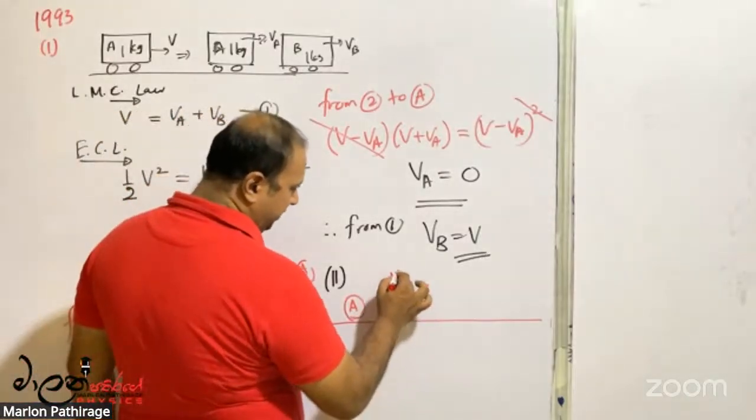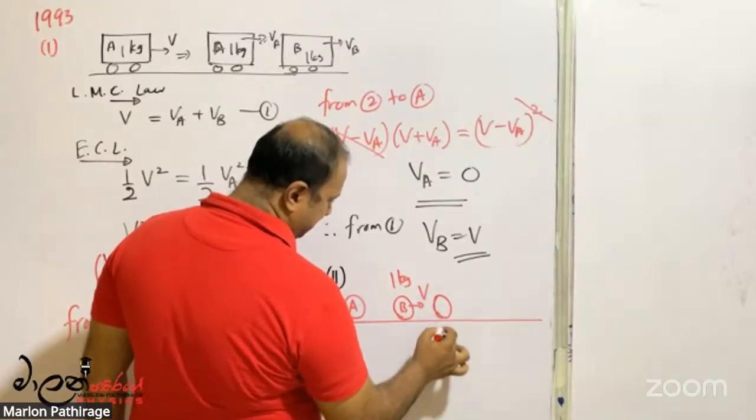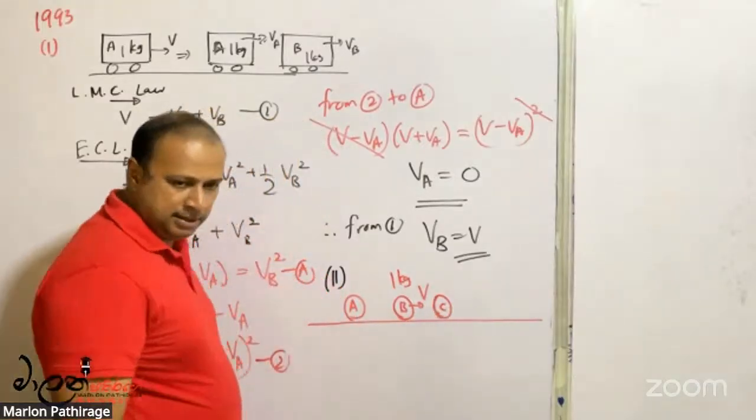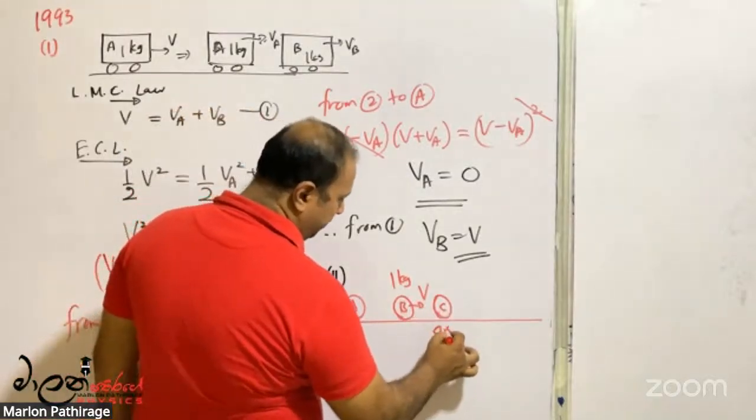Mass of B is 1 kg. Then here there is C. C is at rest. Its mass is 0.5 kg.